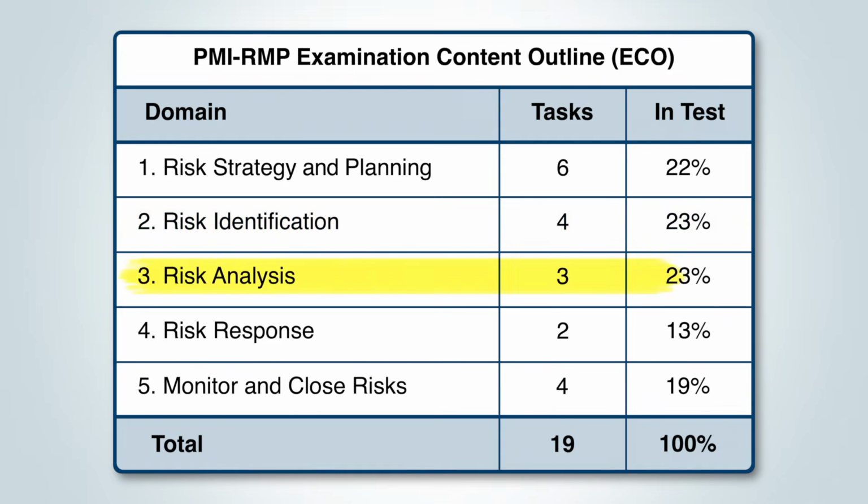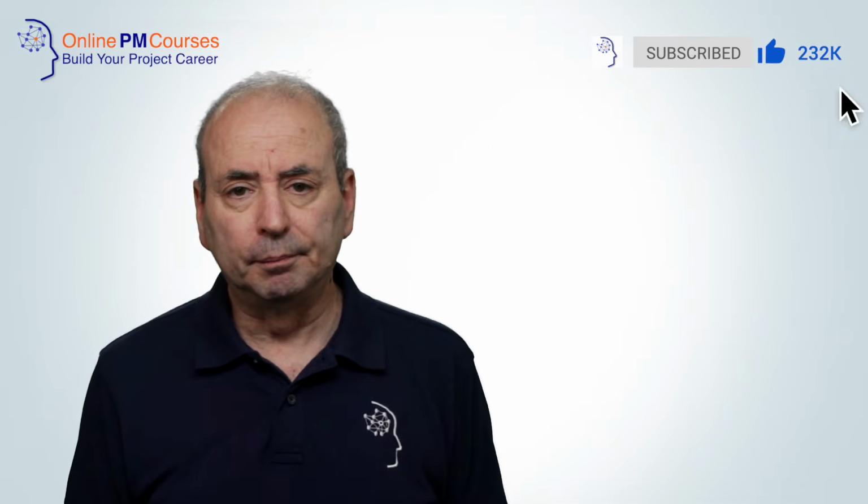Risk analysis has 3 tasks and accounts for 23% of the exam questions. Number 4 is risk response, with 2 tasks accounting for 13% of exam questions. And number 5 is monitor and close risks, which has 4 tasks and accounts for 19% of the exam questions.